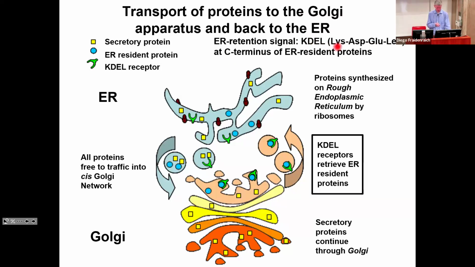And so once proteins are synthesized and imported into the ER, they leave the endoplasmic reticulum and go to, for example, the cis-Golgi network, and some proteins, which are secretory proteins, the squares, continue their travel outside.